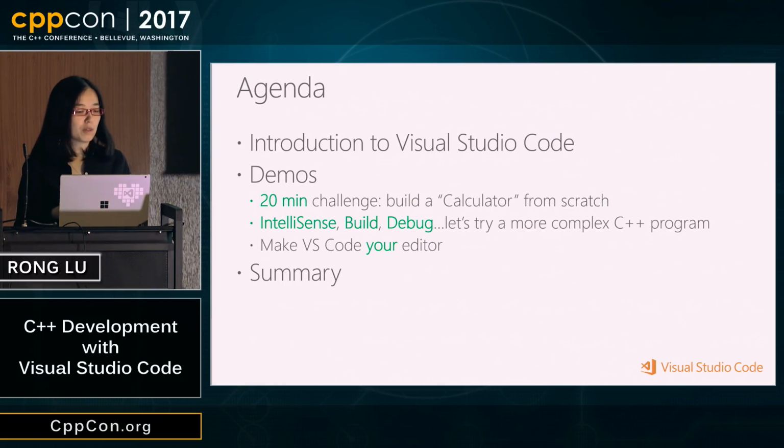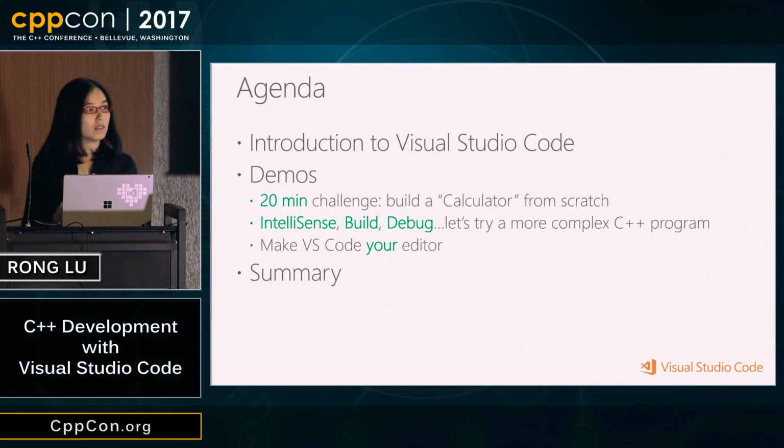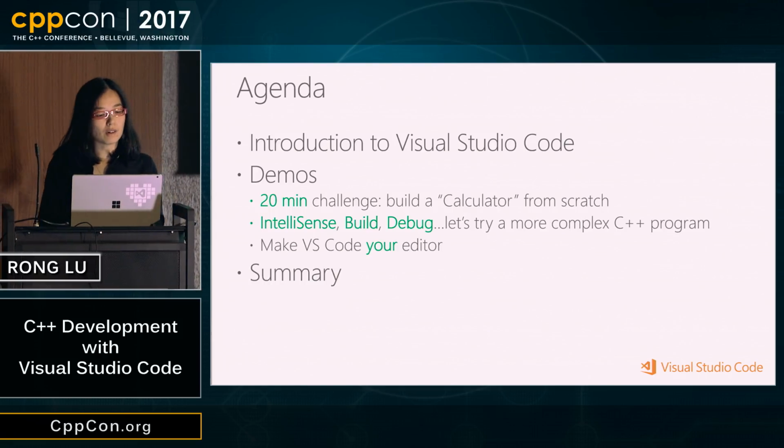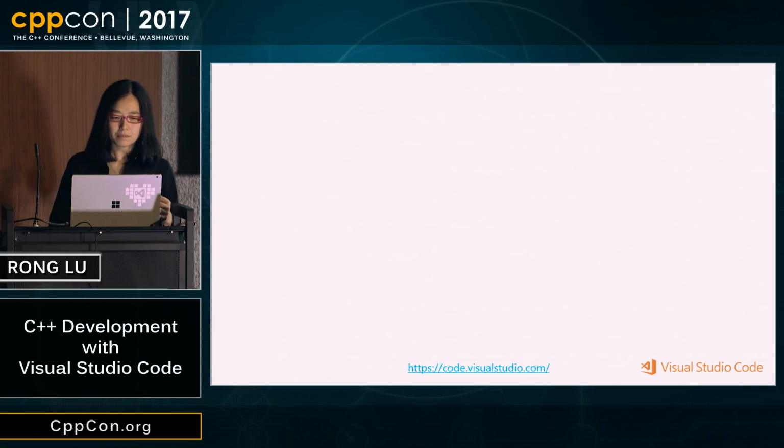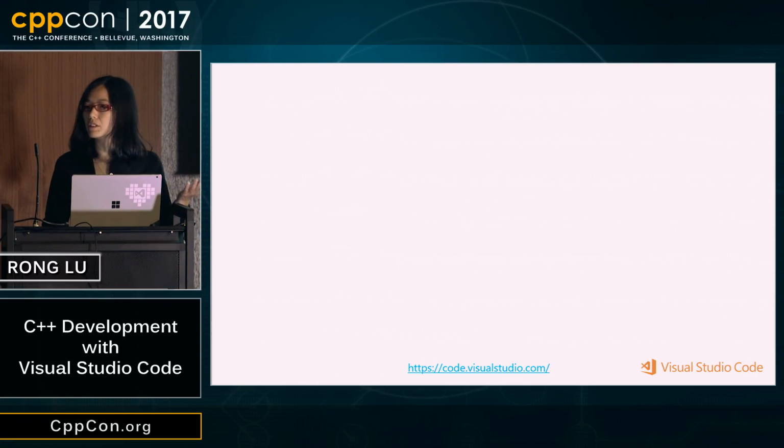Then we're going to move into trying out a more complex C++ program in VS Code. We're going to talk more about IntelliSense features and how you build and debug with more advanced features. And last but not least, I'm going to show a few VS Code features, how you can make VS Code your editor. There are tons of things you can customize in Visual Studio Code to make it your editor. Does that sound good to everyone, what we're going to cover today?